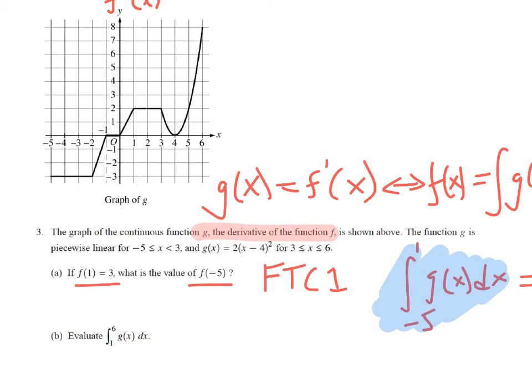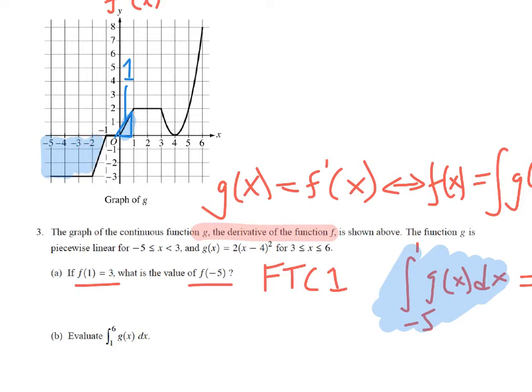From 1 to negative 5, we've got this area here, and this area here. This little triangle over here has an area of 1.5, since the area of a triangle is 1/2 base times height, 1 times 3.